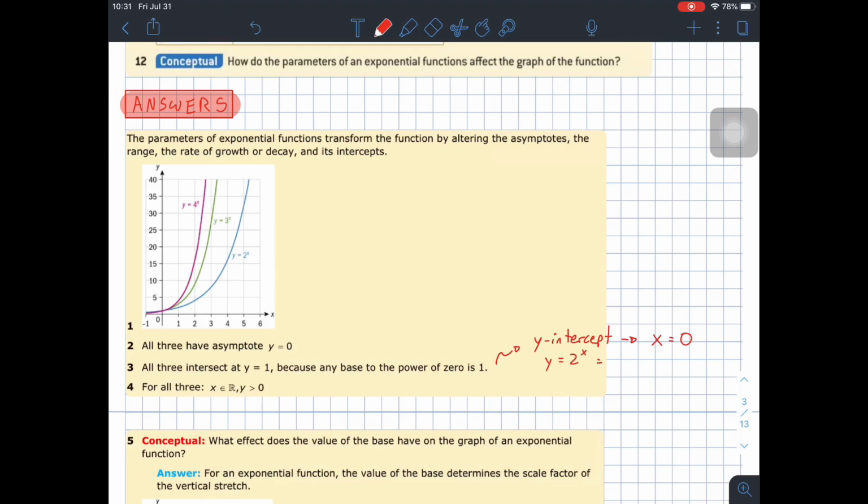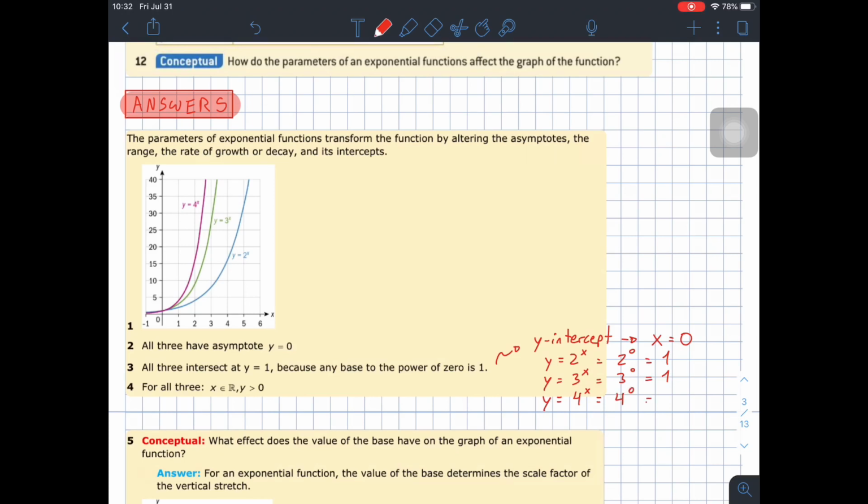If I replace the value of x with 0, I'm going to get 2 to the power of 0. And any number to the power of 0 is 1. Okay? So this is 1. And if I do the same for all of the other functions, you would see that I would always be getting 1 as my y-intercept. Okay? So it doesn't matter if the base is a different number.